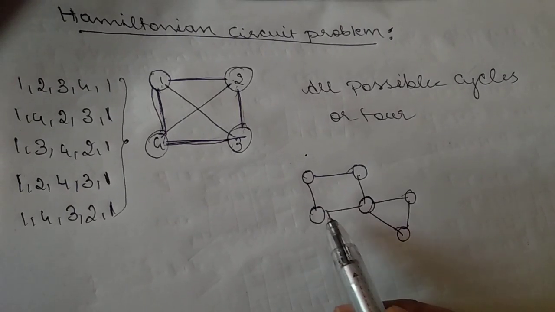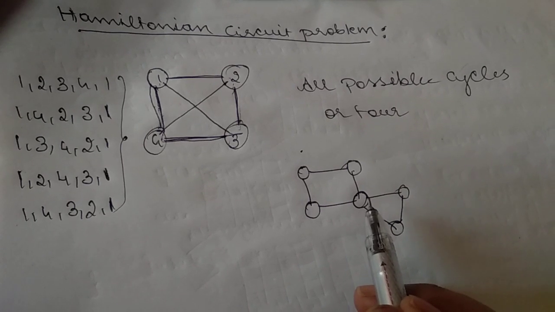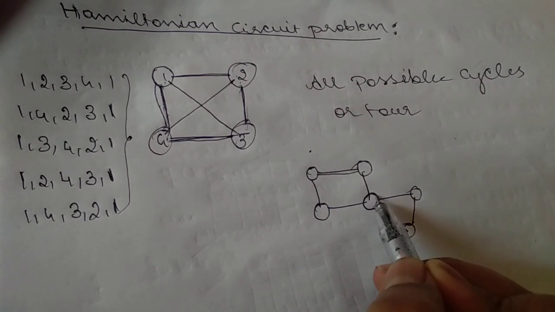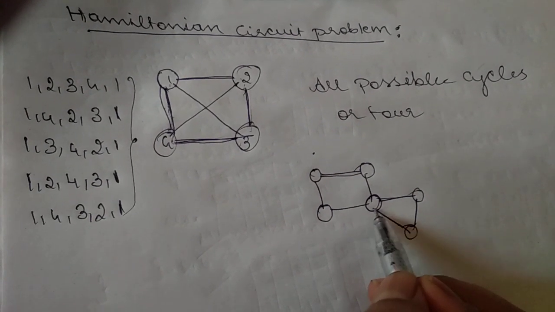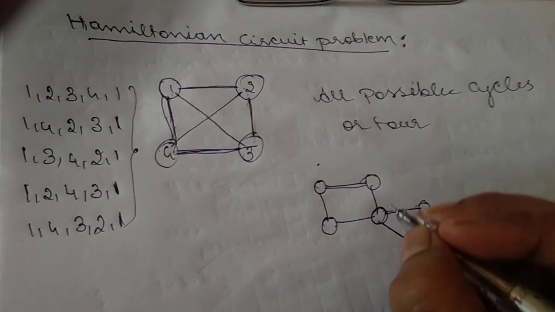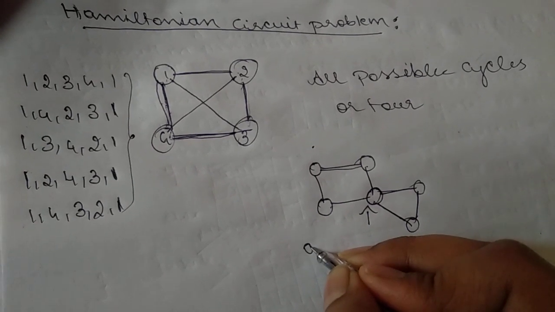If you want to travel through all the vertices without repeating any vertex, it is impossible. I'll come here, go here, then here, then here again. Without reaching this vertex, I cannot come back to any one vertex. This point is called an articulation point.